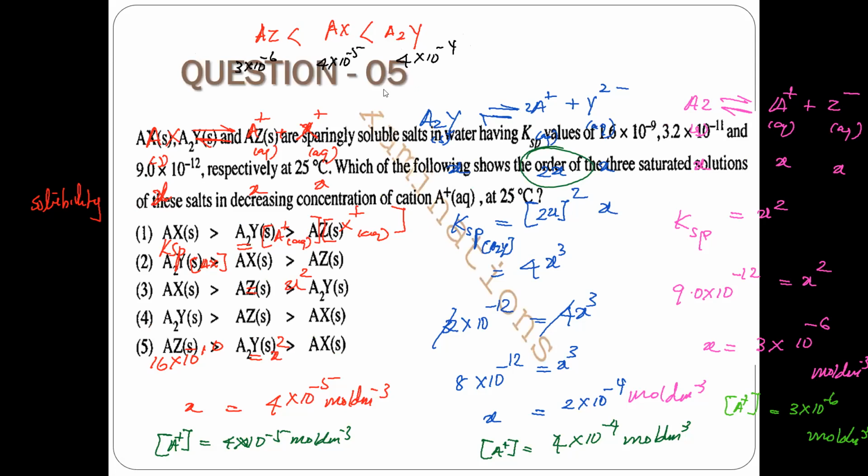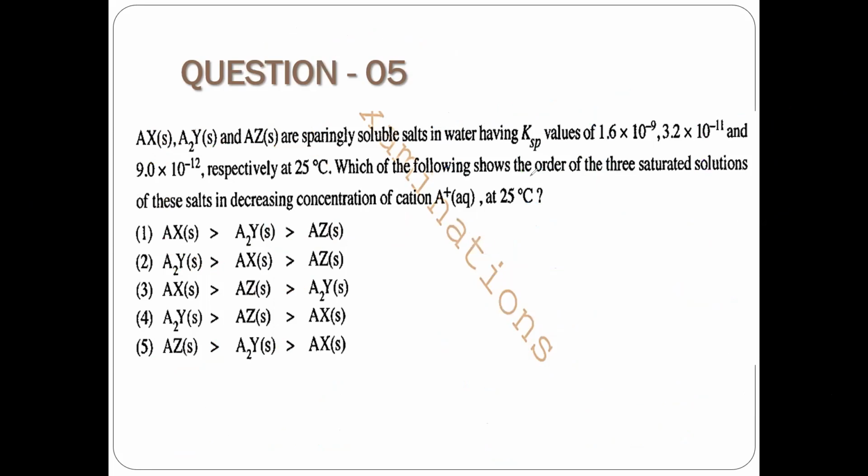So your question answer is, according to that, decreasing concentration, right? Decreasing concentration means the highest one should come first, A2Y, and the least one last.